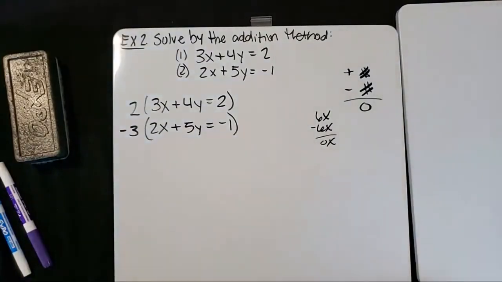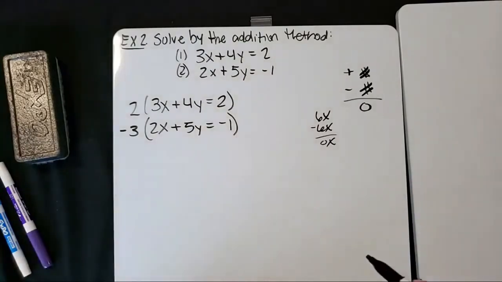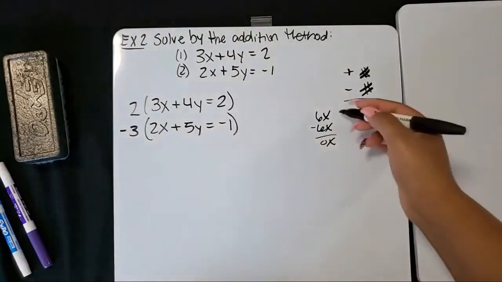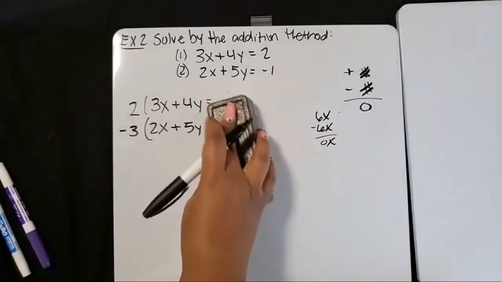So first we're going to eliminate where we've decided to eliminate the x term. After we decide to eliminate the x term, we need to figure out what we need to multiply the equation by so that we can get what we want. Okay? And you can write this several different ways.